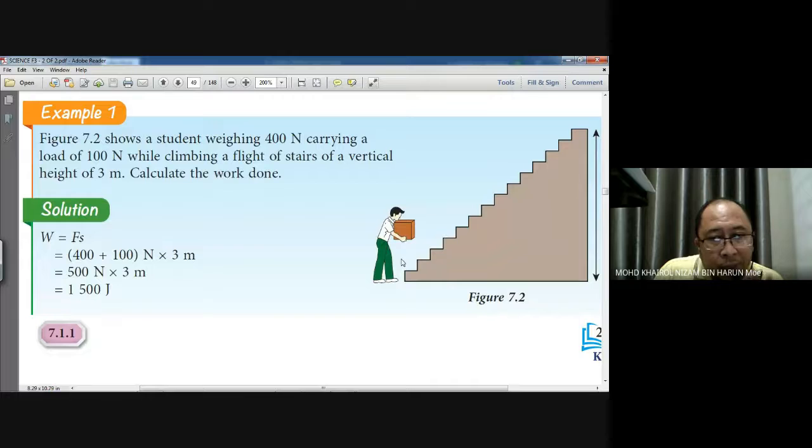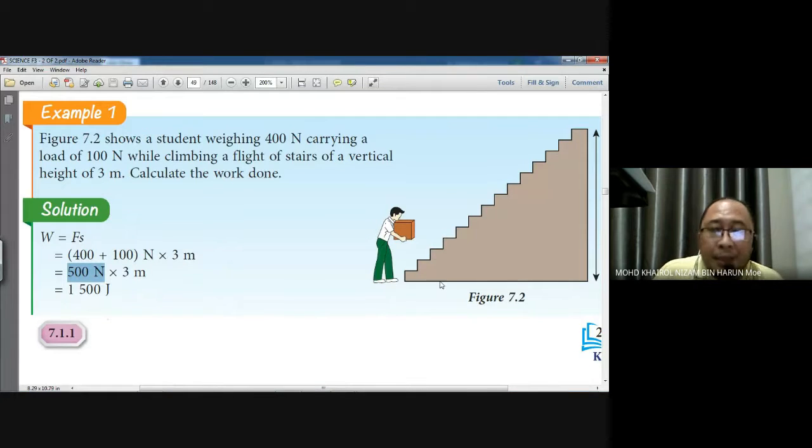So now, the weight of this boy is 400 Newton, and the weight of this object that is being carried by this student is 100 Newton. Because the boy and the load are moving along, we have to combine the weight of the boy and the weight of the object. So it becomes 400 plus 100 Newton, so 500 Newton.